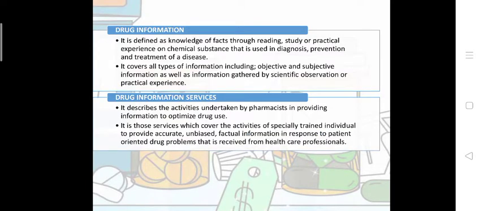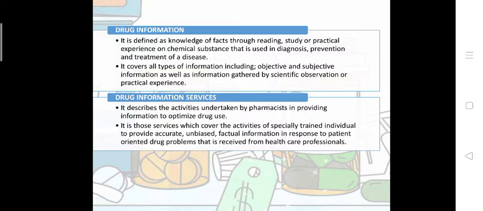Okay, so what is drug information? It is defined as the knowledge of facts through reading, study, or practical experience on a chemical substance that is used in diagnosis, prevention, and treatment of disease. So it covers all types of information, including objective and subjective information, as well as information gathered by scientific observation or practical experience.